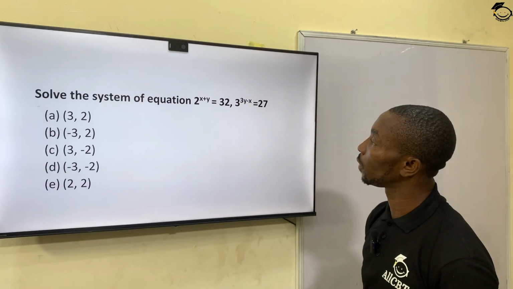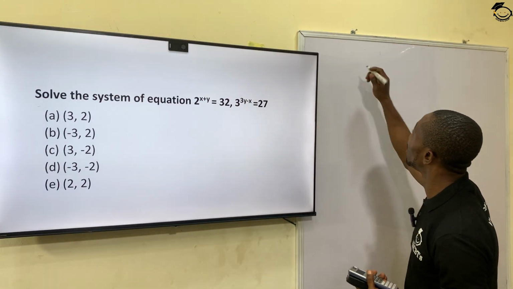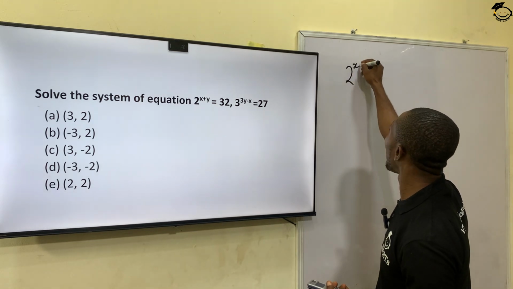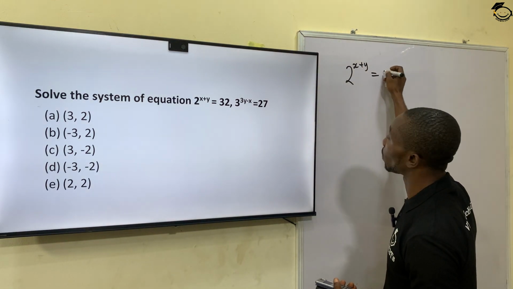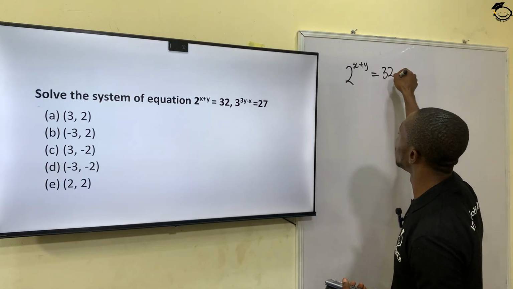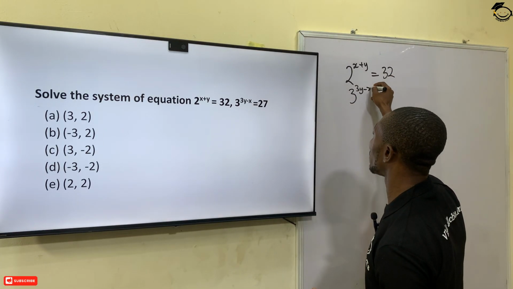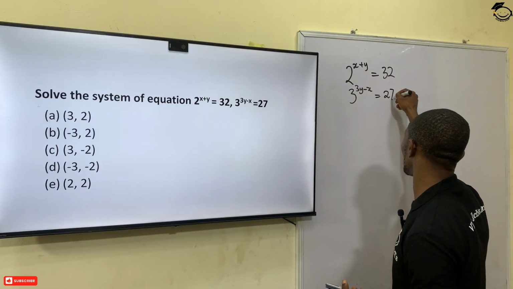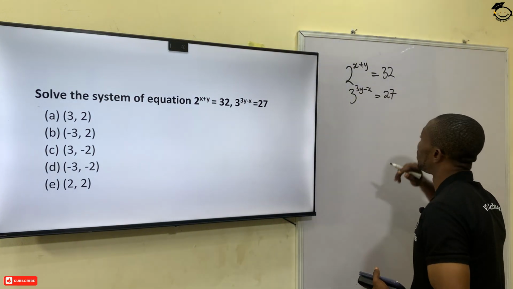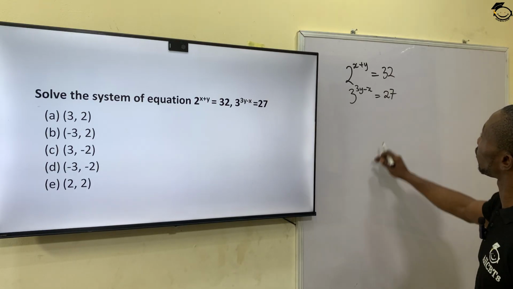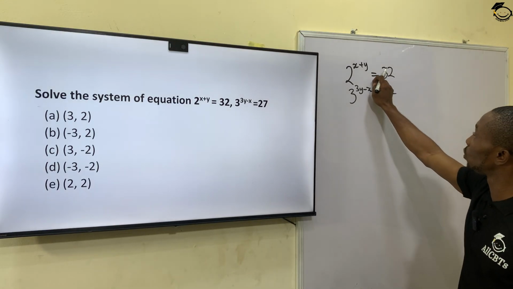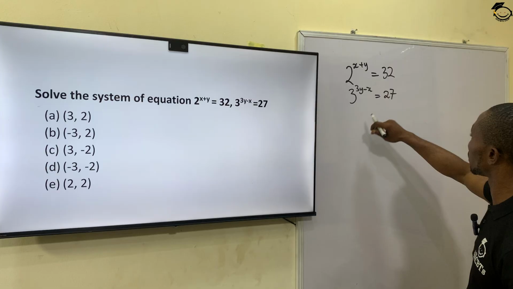Solve the system of equations where we have 2 raised to the power x plus y equals 32 and 3 raised to the power 3y minus x equals 27. Now, to solve this, we'll first of all break this to the powers of 2 and this to the powers of 3.